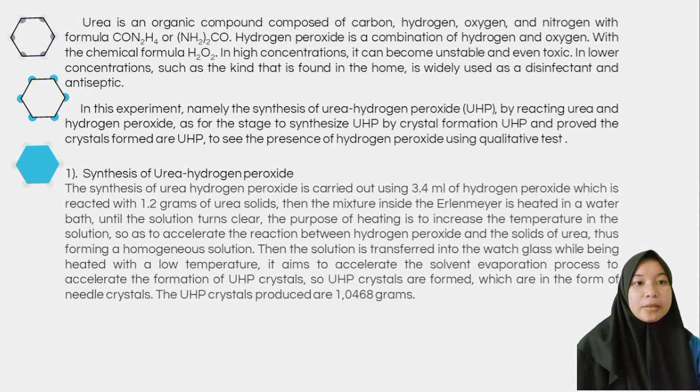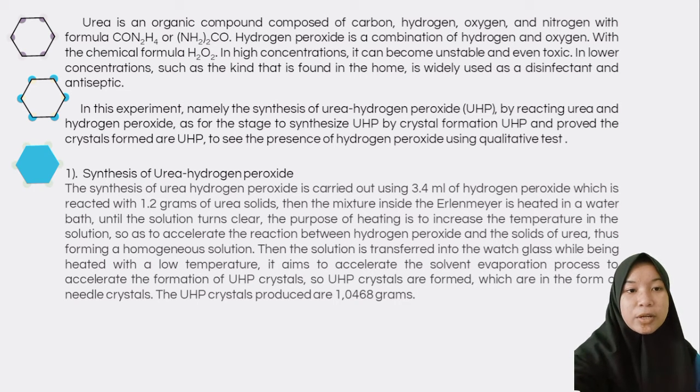In this experiment, namely the synthesis of urea hydrogen peroxide, urea and hydrogen peroxide are reacted. As for the steps, we synthesize urea hydrogen peroxide by crystal formation, and then test the crystals from urea hydrogen peroxide to see the presence of hydrogen peroxide using qualitative tests.